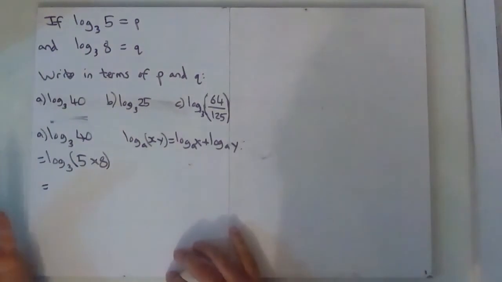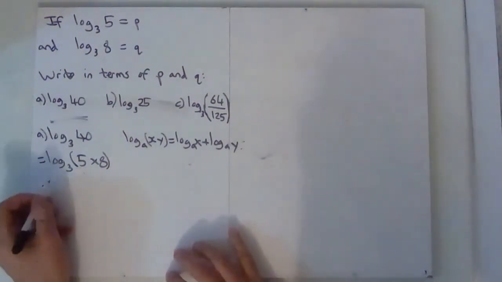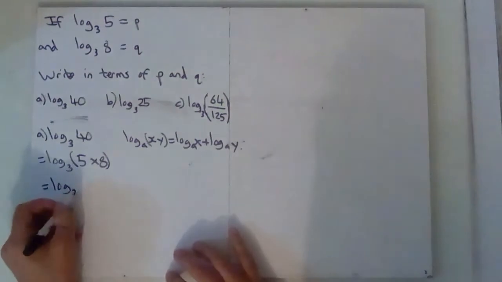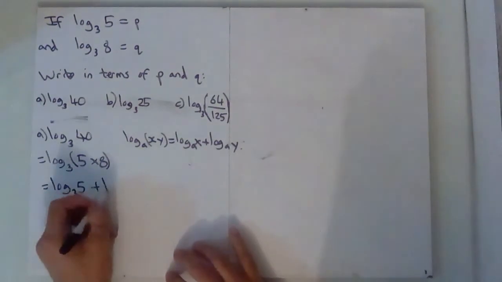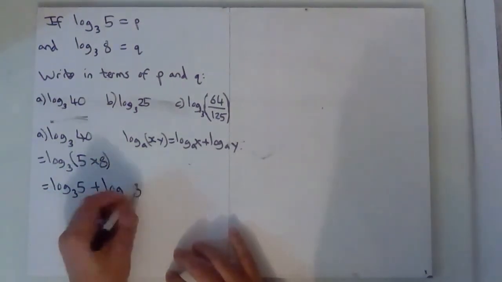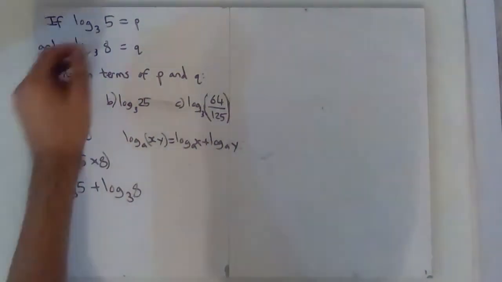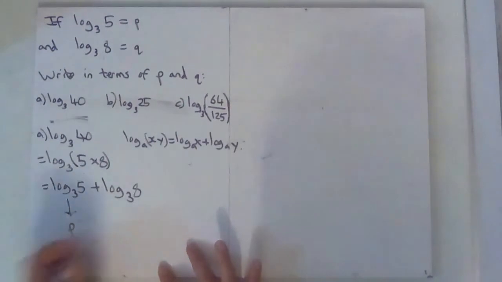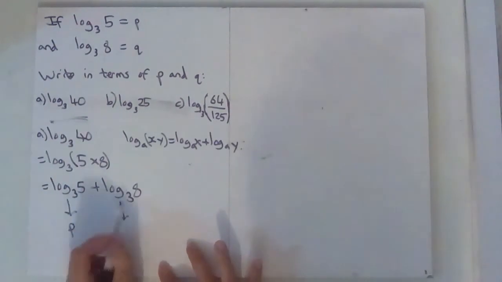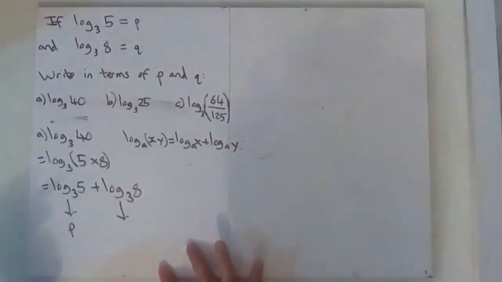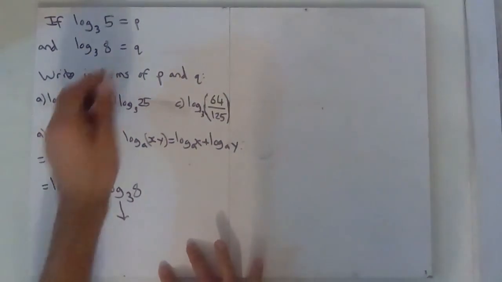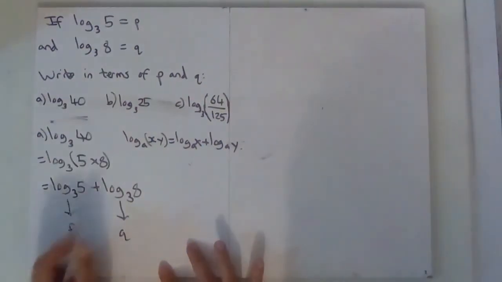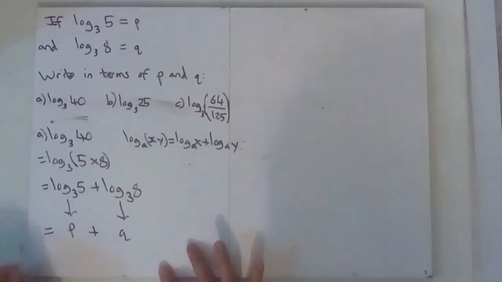So using the first law of logs, this is log base 3 of 5 plus log base 3 of 8. So log base 3 of 5 we've been told is p, so this is p. And log base 3 of 8 is q. And we're just adding them together. And that's the answer, p plus q.